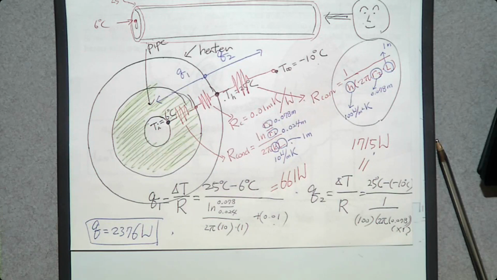That's what happens. To maintain the constant temperature, in other words, steady state heat transfer, you need to provide the exact amount. Any question about thermal resistor network? No? Okay, good.